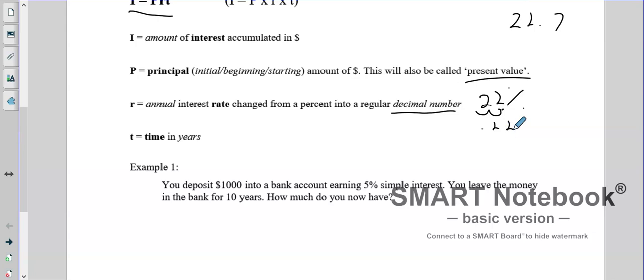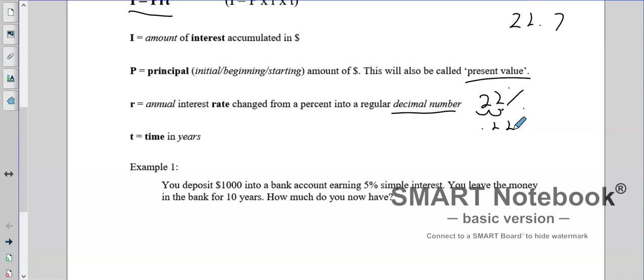Not too complicated, but I still see it all the time. I just saw it last week on the Algebra 2 test. A lot of people go decimal happy and do 0.022 or 2.2. It's 2 places to the left.